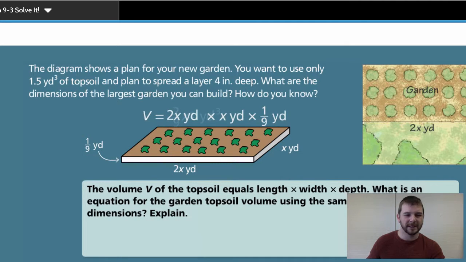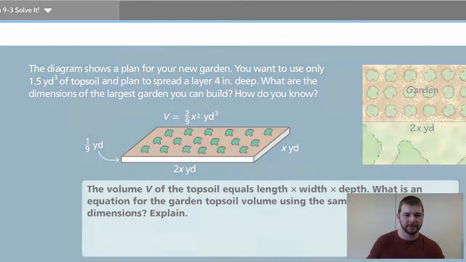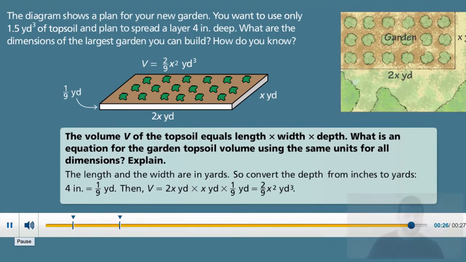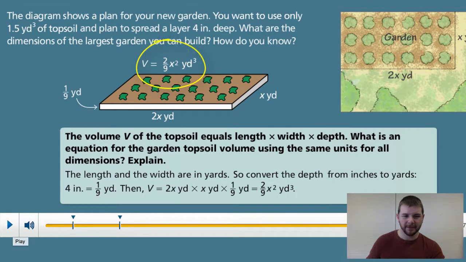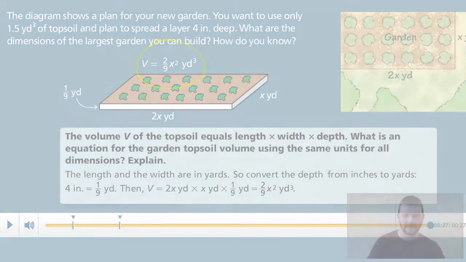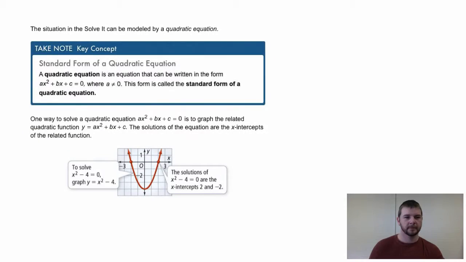Converting 4 inches into 1/9 yard, we get consistent units throughout our problem, and then substituting these things into the volume formula and simplifying, we find that the volume equals 2/9 x squared cubic yards. The situation in the solve it can be modeled by a quadratic equation.